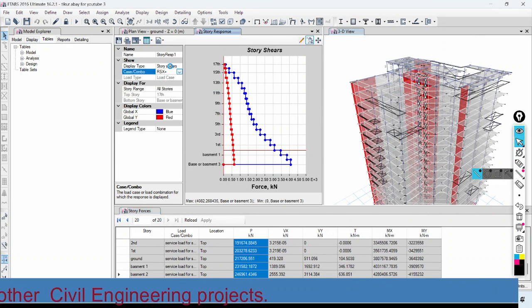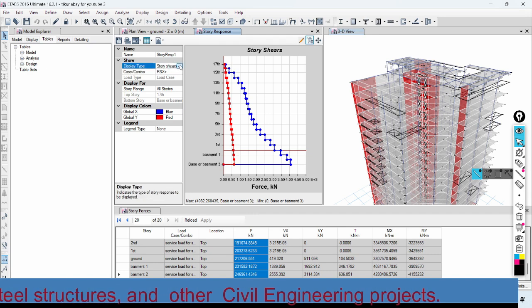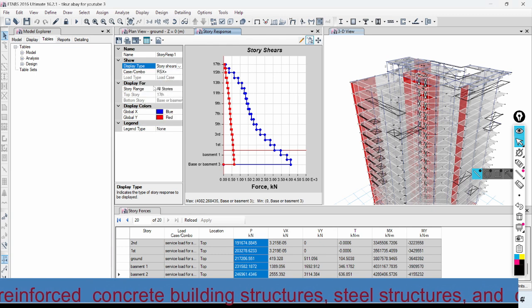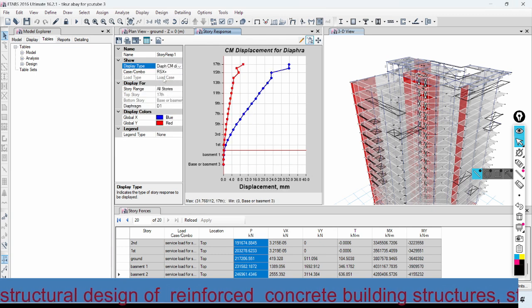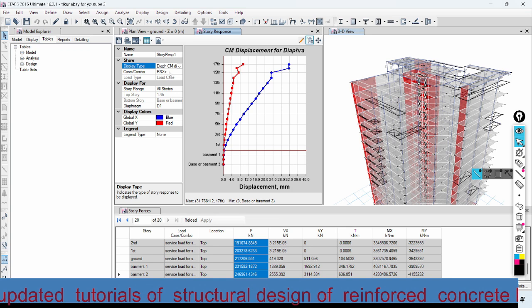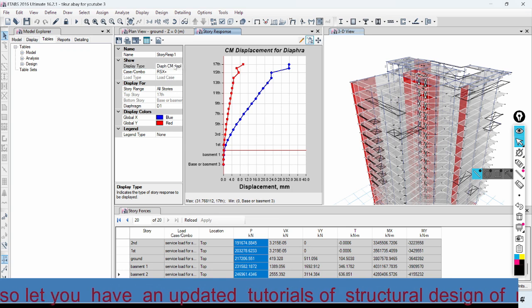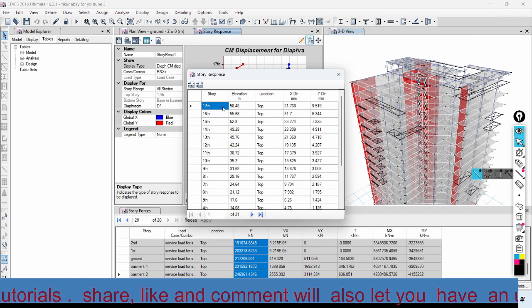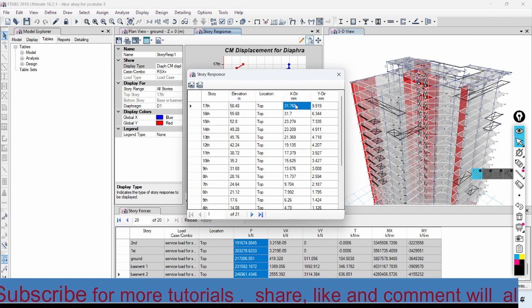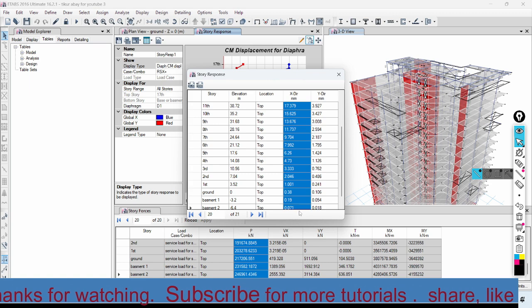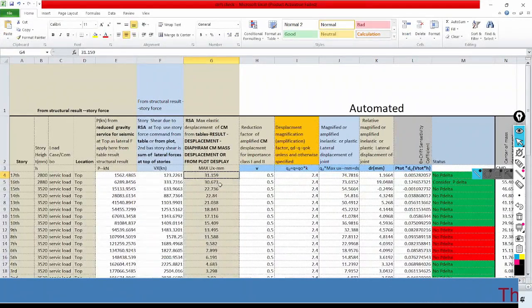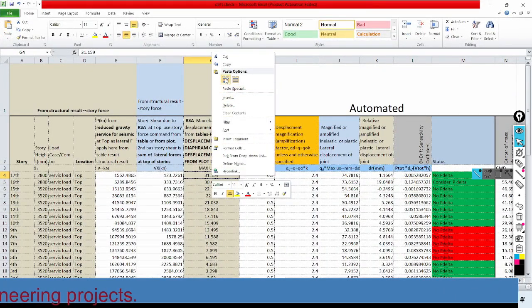That means here's center of mass displacement, that means in x direction. Copy this one and paste it.